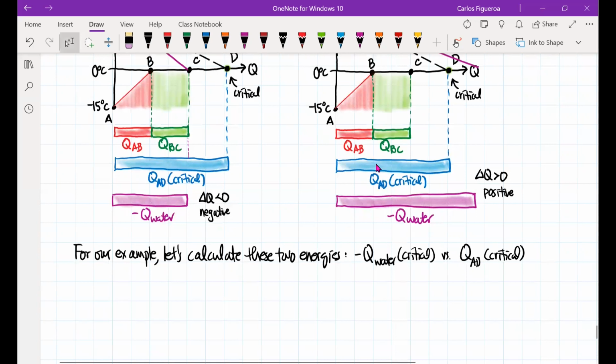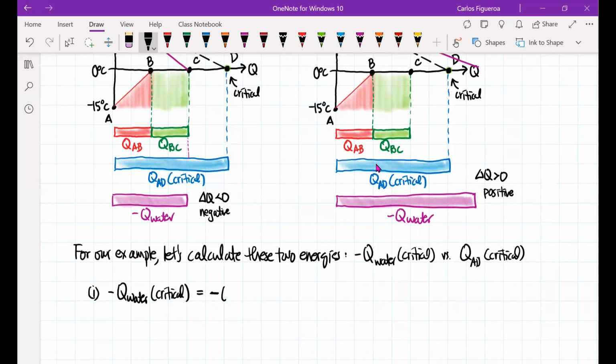The first one that I'm going to do is to calculate minus Q of water at the critical point. And this is what we have. We know that the water loses energy, that's why we have the minus sign.